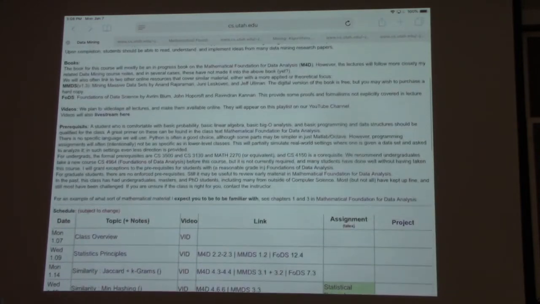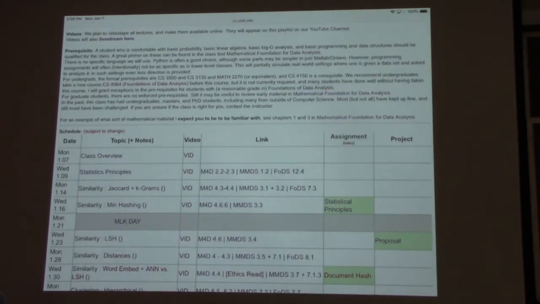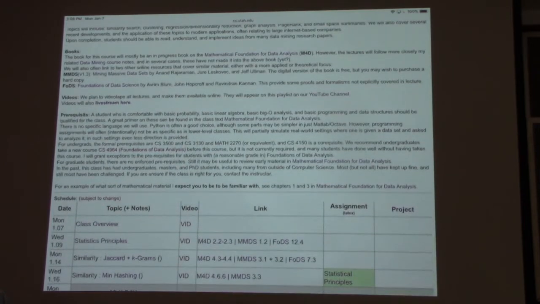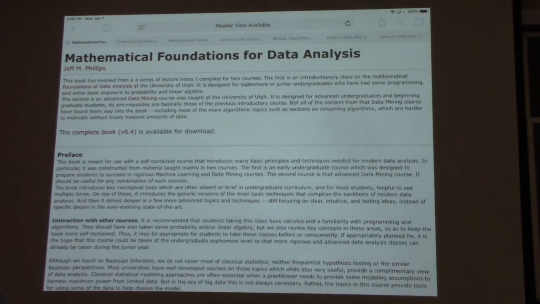But there also is a book I've been working on, which is this Mathematical Foundations of Data Analysis.